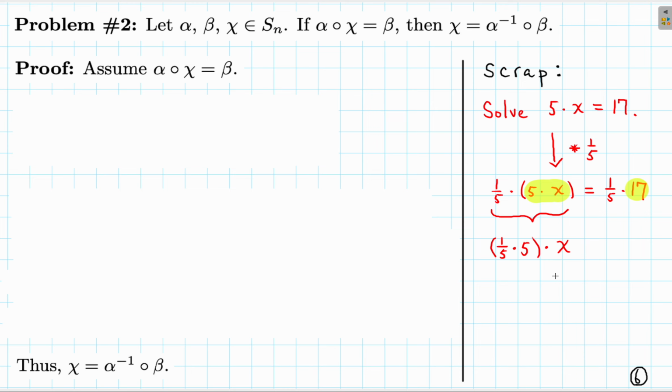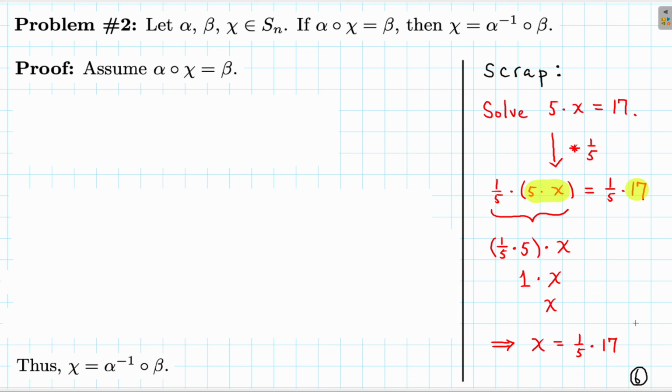But now 1/5 times 5 is the same as 1 times x, because these are multiplicative inverses of each other. And then 1 times x, 1 is the multiplicative identity, so 1 times x is just x. And so this whole left-hand side simplifies to just x, and therefore we can conclude that x is equal to the right-hand side, namely 1/5 times 17, or if you like, 17/5.